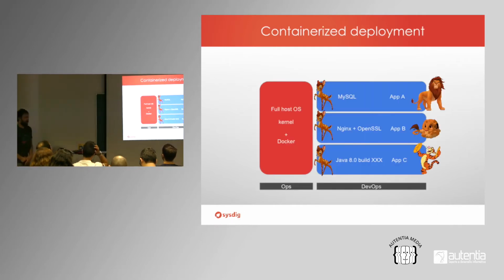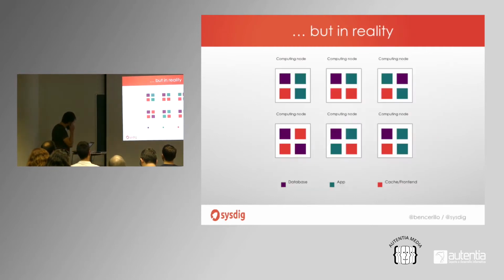So, going back, we have something like this, where the operations team deploys some servers with operating systems, and they offer that as a platform to the rest of the company or the organization. The developers choose the services that they need for their applications, and they deploy, and everything looks and works better.